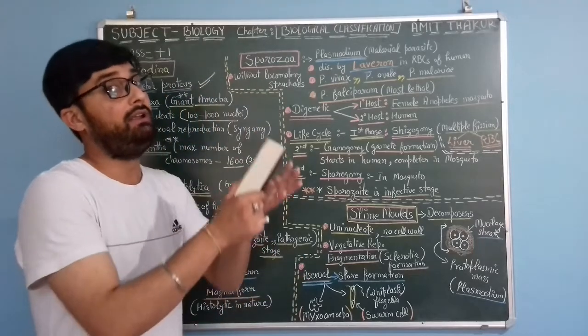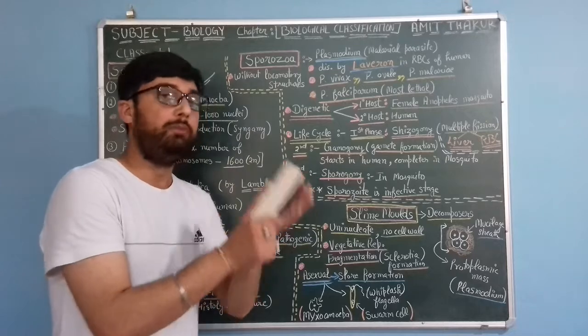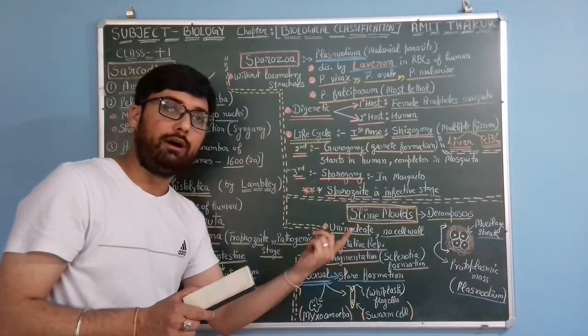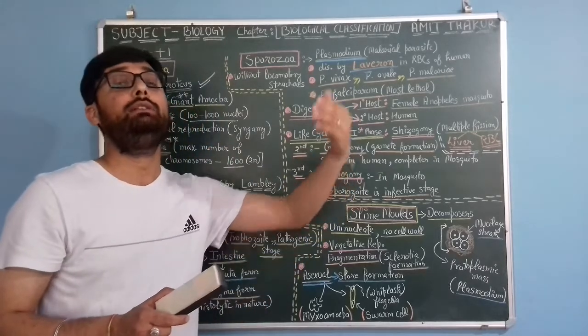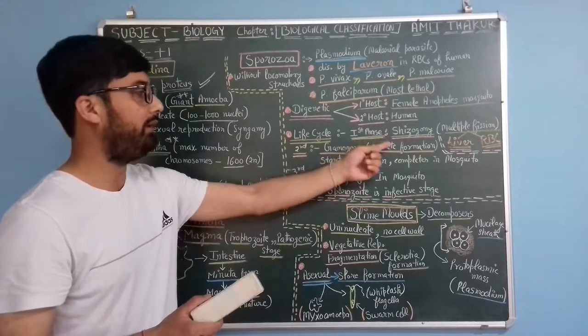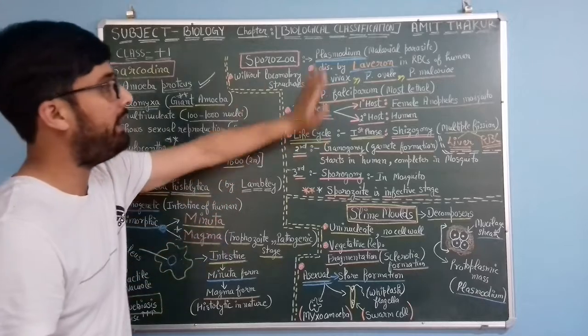When the mosquito bites a human being, plasmodium enters along with the saliva into the healthy human, and then again first phase, second phase, third phase, and so on. So that's all about sporozoa and plasmodium.